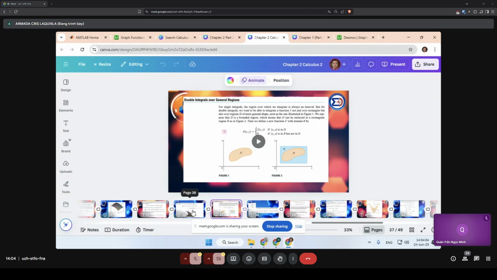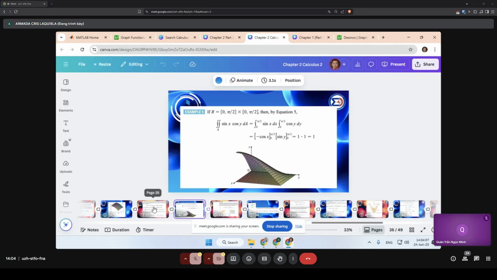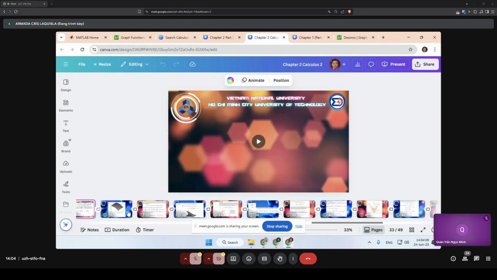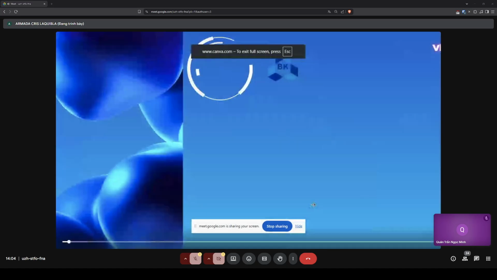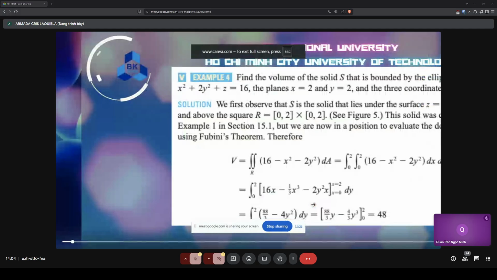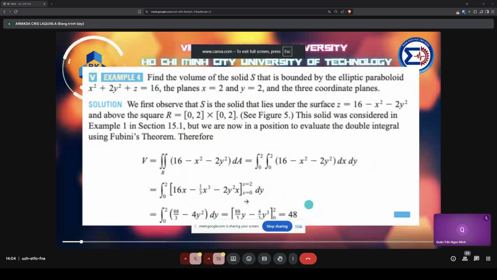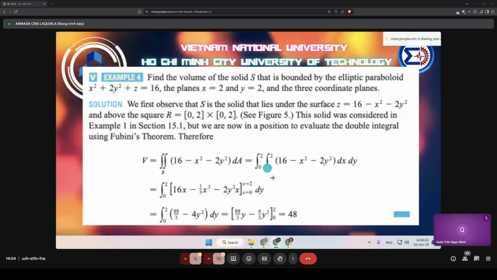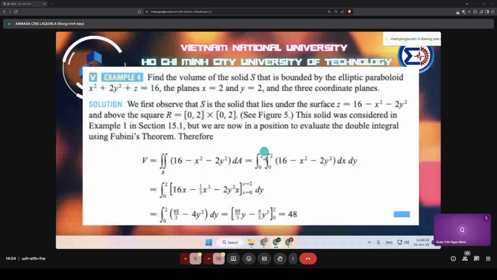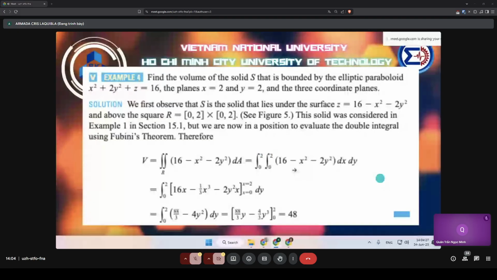Okay, so before we proceed with 37, I will just show you something. I guess I forgot about this. We have this example, and we solved the double integral of this, and the value that we get is 48.